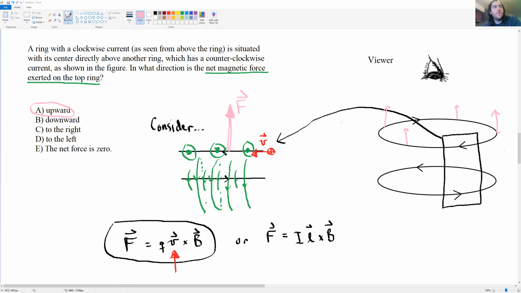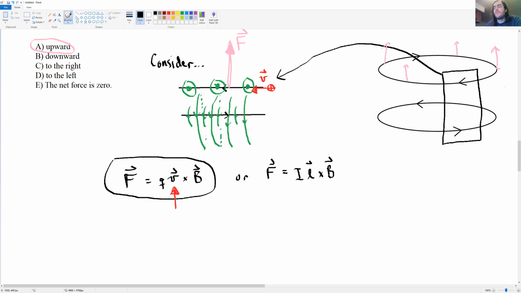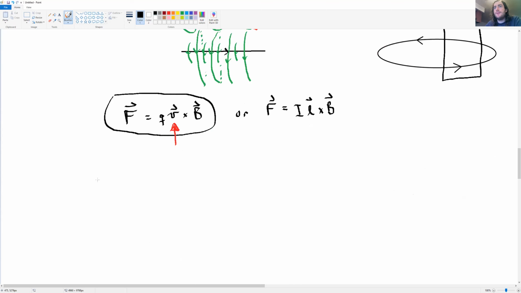I'll explain the question in one more way. A long time ago, back when we talked about forces on current carrying wires, I think it's chapter 27 or maybe 28, we made a statement that if we had parallel wires like this, that if the current was in the same direction, then we would have that the force is attractive.